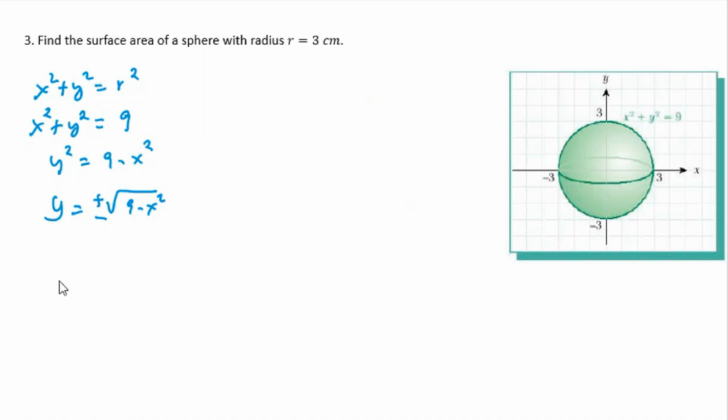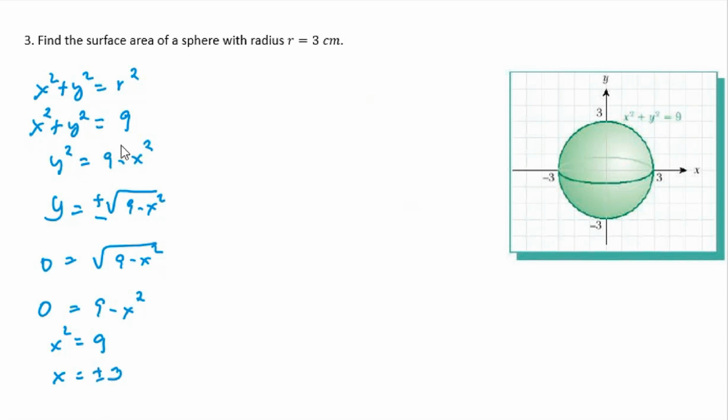So from here, to solve for the intervals in terms of x, let y be 0. So 0 is equal to the square root of 9 minus x squared. And then to solve for x squared, we are going to square both sides. So therefore, 0 is equal to 9 minus x squared. And then, transpose x squared to solve for x. So we have x squared is equal to 9, and x is equal to plus and minus 3.